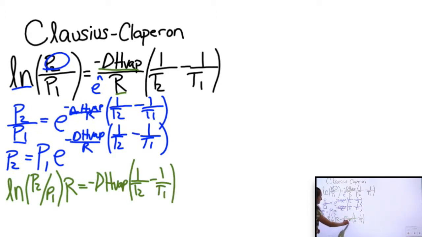So to get this delta H vaporization term by itself, the next thing you're going to want to do is divide the left side of the equation by this term in parentheses.